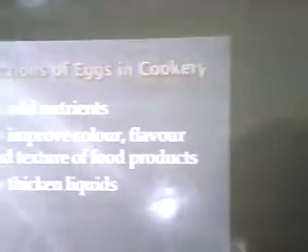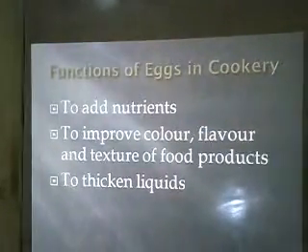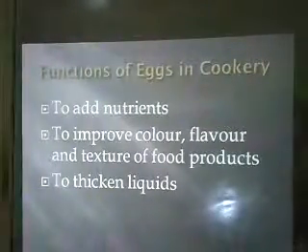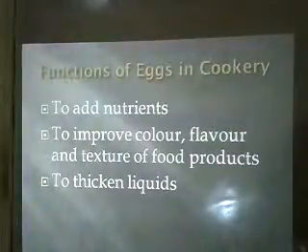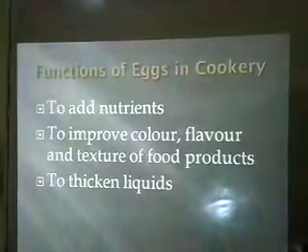So we said when egg is being added to food, it improves the color, flavor, and the texture of the food product. We can also say that when egg is being added to certain dishes or food, it acts as what? A thickening agent. For instance, in the preparation of caramel custard or baked egg custard or bread and butter pudding, the milk being used has no thickening potency.